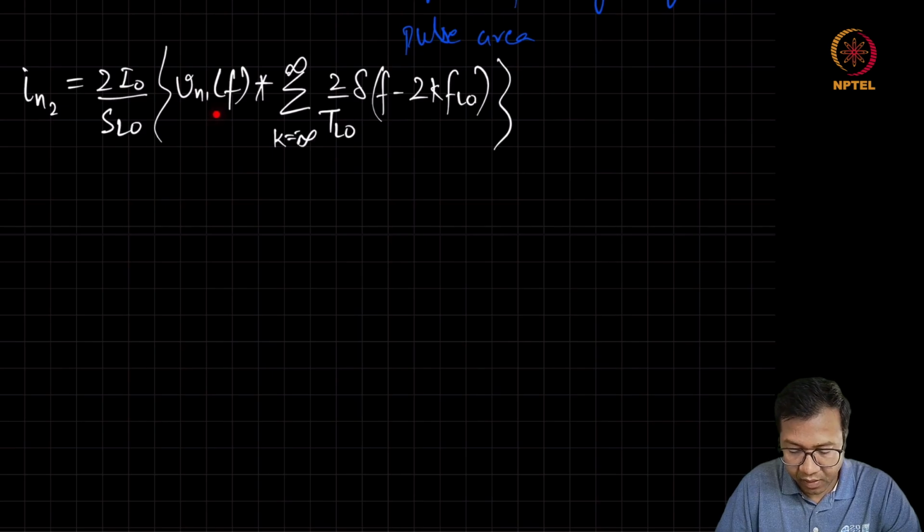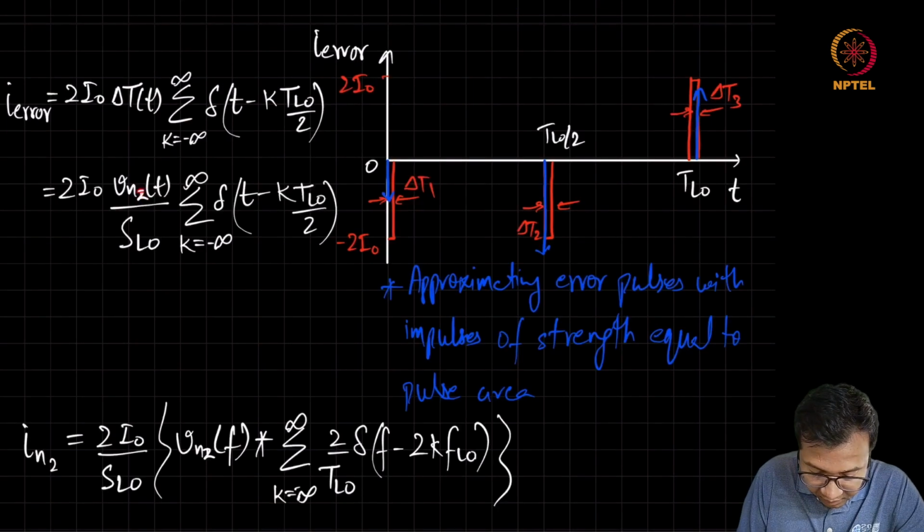So it will be just scaled by this impulse train at DC and appear as it is at the output. Whereas the thermal noise, which is a broadband noise, when it is convolved with an impulse train, its PSD will not change. So again, that noise will also appear as it is at the output. Okay, so please correct, this is VN2 here.